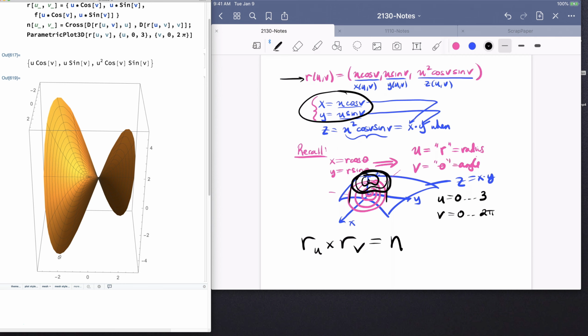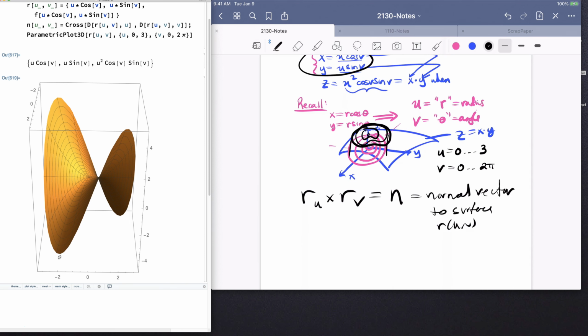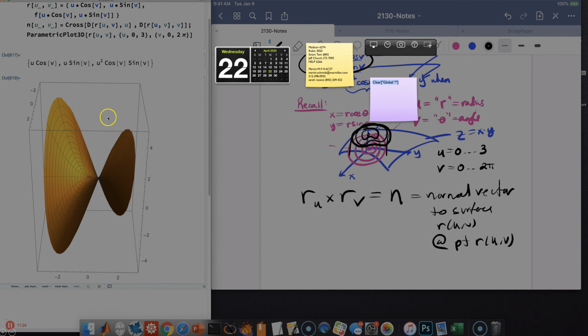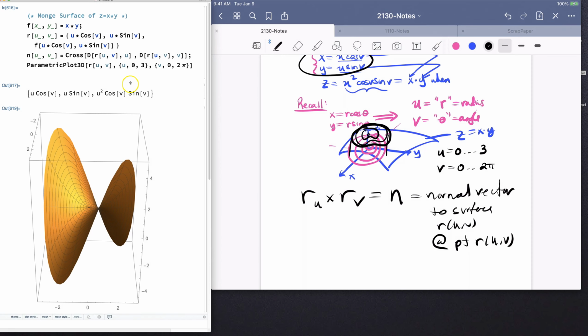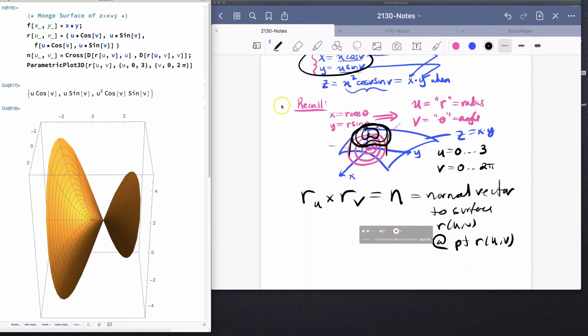This will be the normal vector to the surface r of u comma v, at the point r of u comma v. Okay, so what we mean by that is that if you choose a specific value of u and v, let's try to do this now.